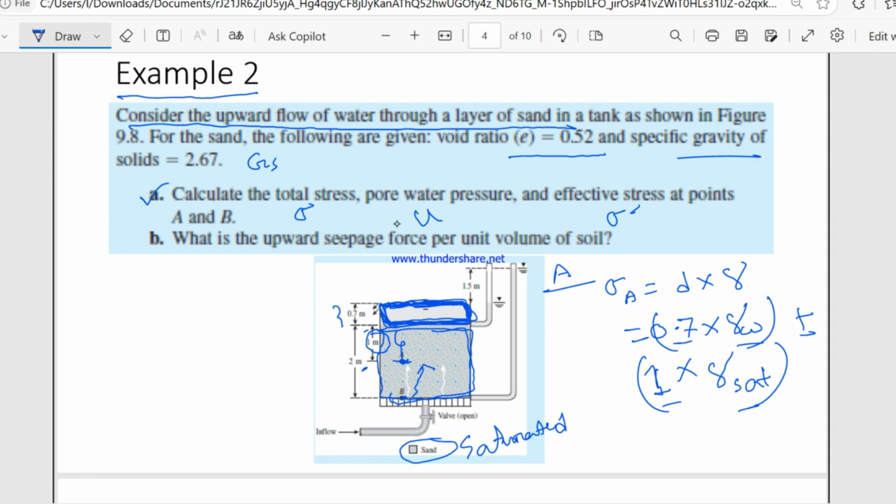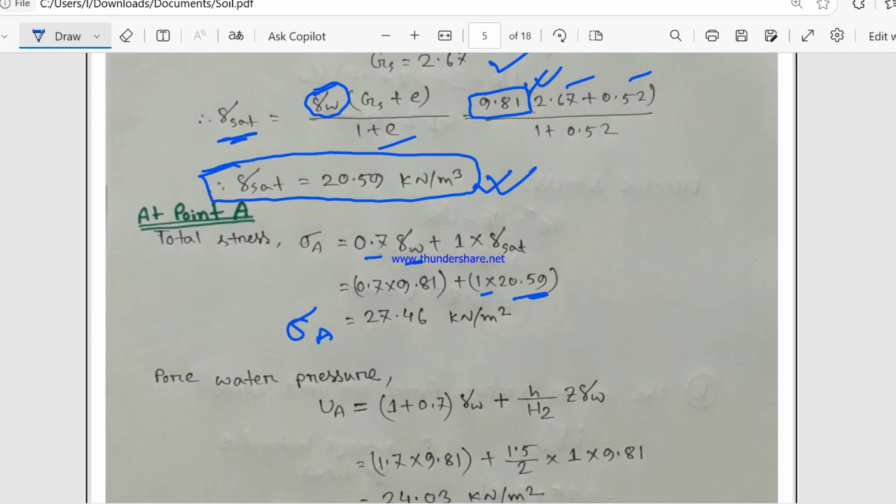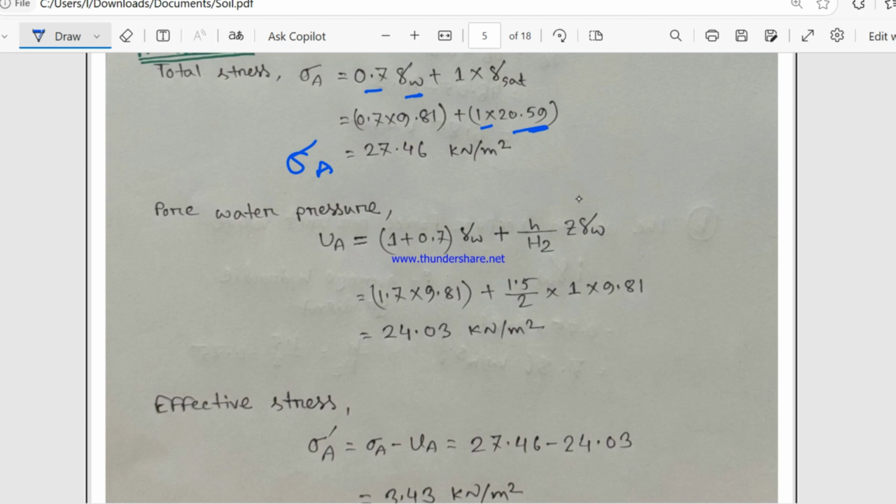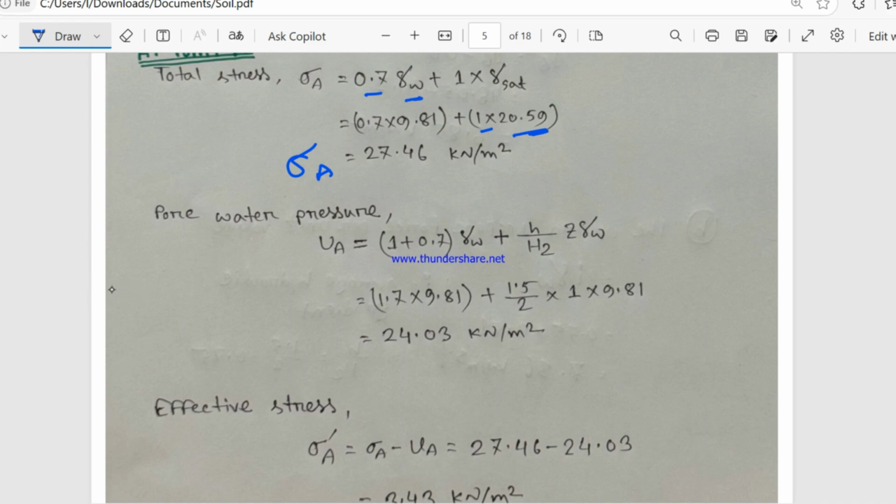Next question is, find the pore water pressure at point A. The formula for pore water pressure is distance times water unit weight, as the question is for water pressure.